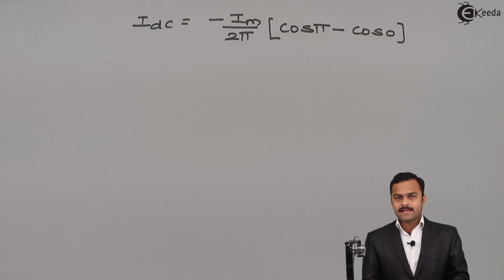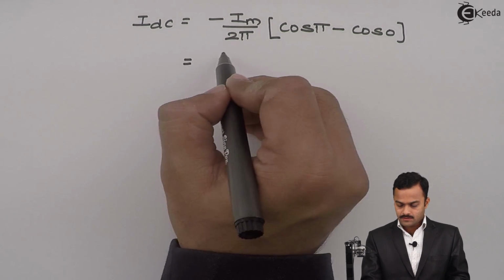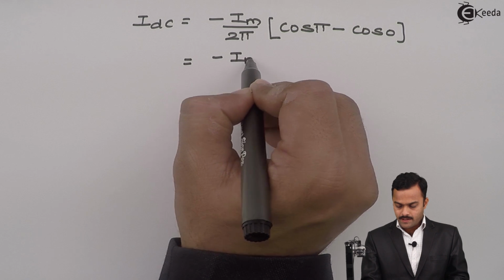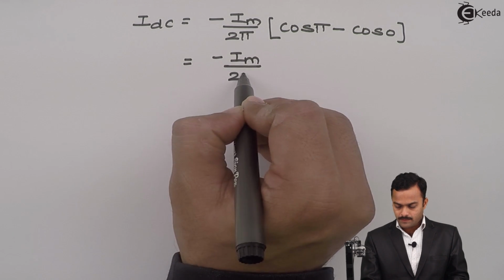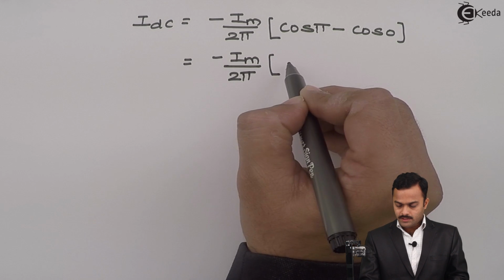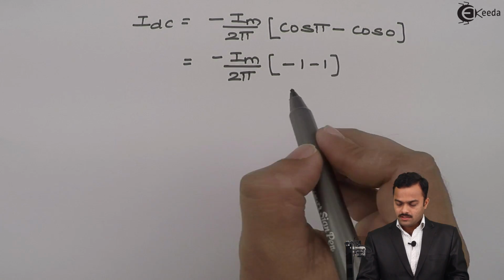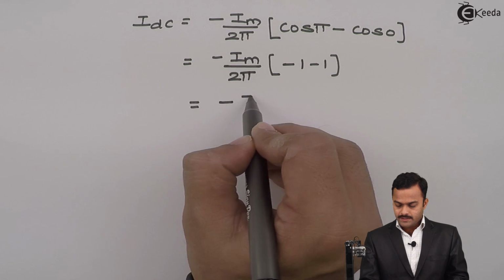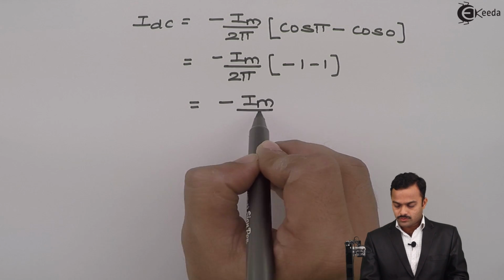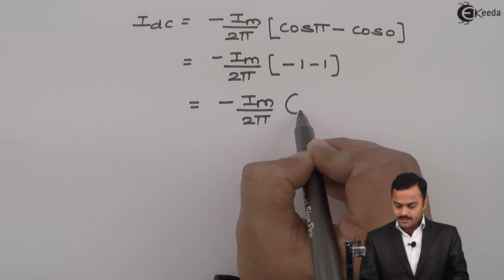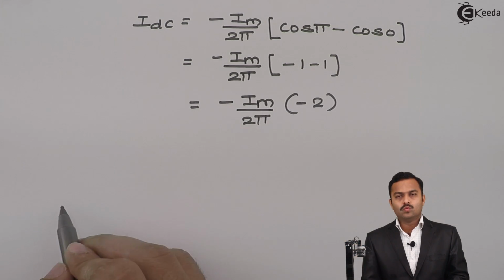Cos pi is minus 1 and cos 0 is 1. So I will get minus Im upon 2 pi in bracket minus 1 minus 1. If I solve, I will get minus Im upon 2 pi in bracket minus 2.